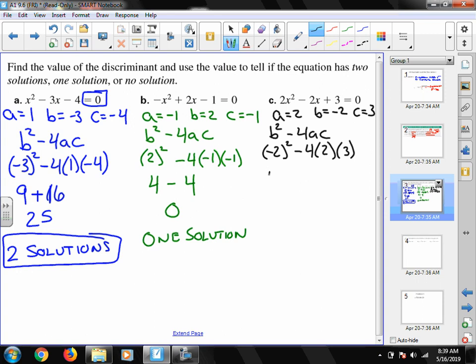Negative 2 squared gives me 4. Negative 4 times positive 2 gives me negative 8. Negative 8 times positive 3 is negative 24. 4 minus 24 is negative 20. And since it is a negative number, we have no real solution.